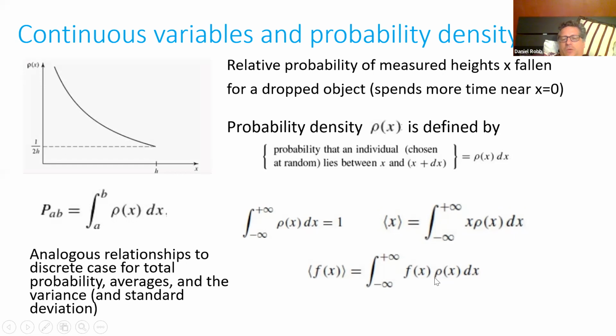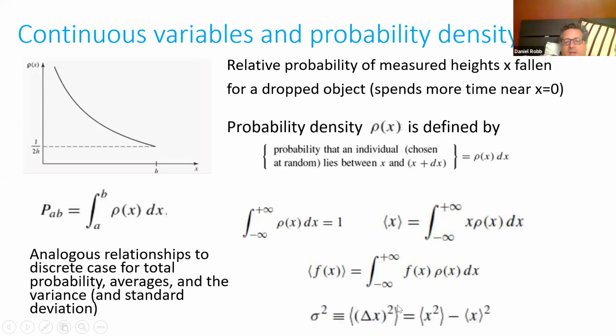So again, we're taking rho dx as the probability in that small interval dx, multiplying it by the value of the function, and then adding up all of that to get the average value of the function given the distribution, the probability density rho of x.